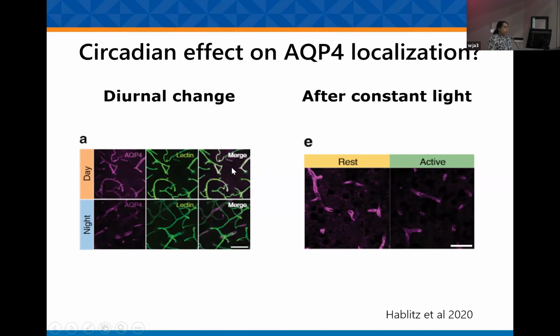And when they did the radio-labeled aquaporin 4, the white areas during the daytime represent aquaporin 4 being upregulated during the day, whereas at night you didn't see that occurring. Then after exposing the mouse to constant light for 10 days, they were trying to show that there was a circadian effect, visible at rest versus not when it was active. So having constant light made no difference.